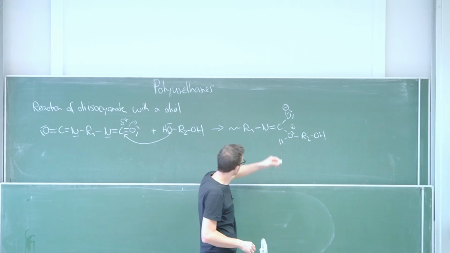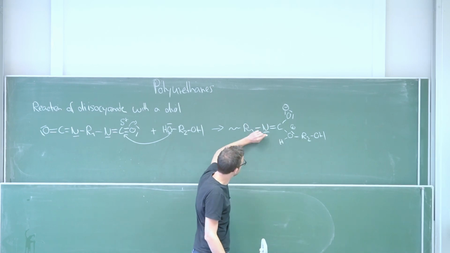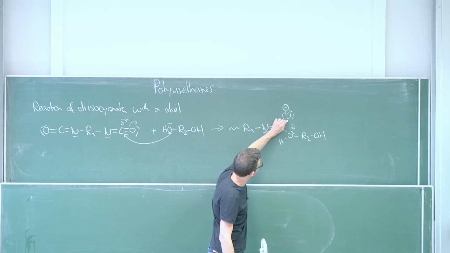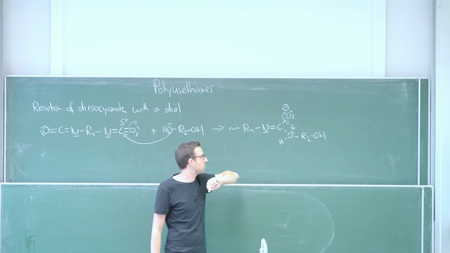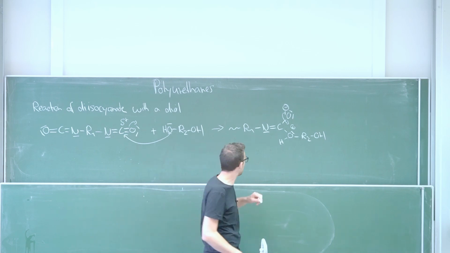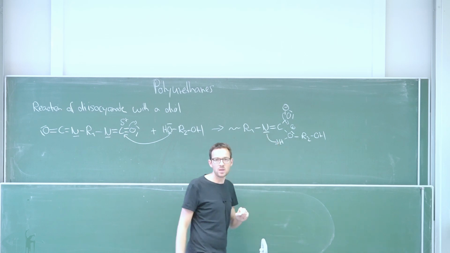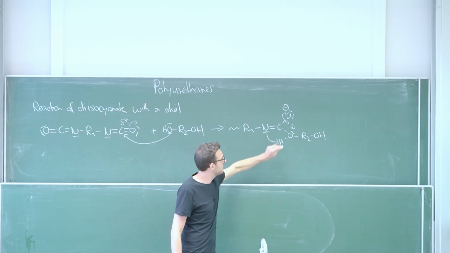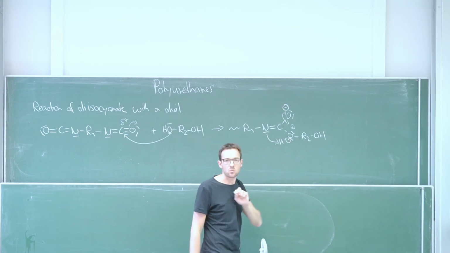And now, of course, this nitrogen has a free electron pair here. So the carbonyl bond wants to recover. This oxygen is not very happy because it has a positive charge and would rather get its electrons back. And luckily, the nitrogen can jump in here, take over the hydrogen. So this means that this oxygen gets the electrons back.